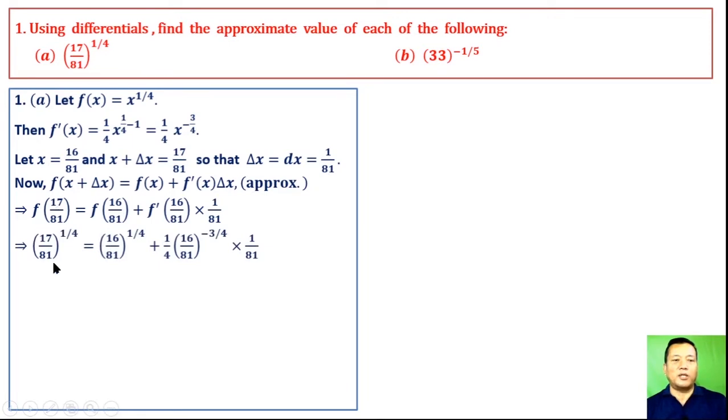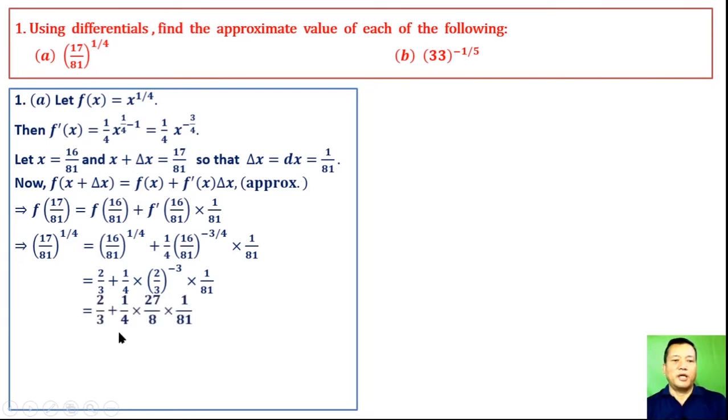By this rule we get 17 by 81 to the power 1 by 4, which is 16 by 81 to the power 1 by 4 plus f dash of x, that is 1 by 4 into 16 by 81 to the power minus 3 by 4, into 1 by 81. The square root gives 2 by 3, whole power 4.